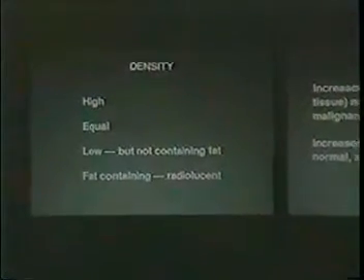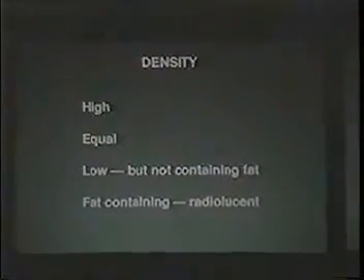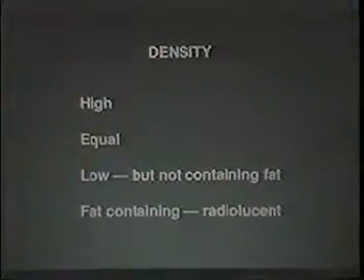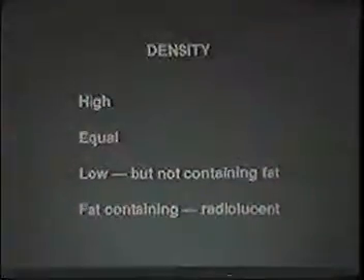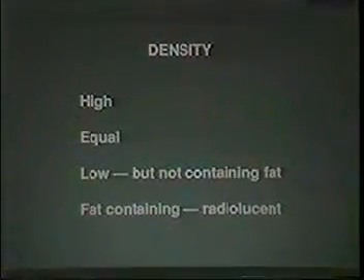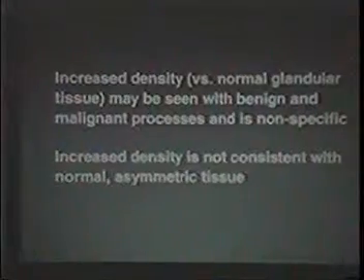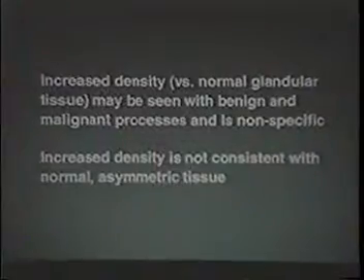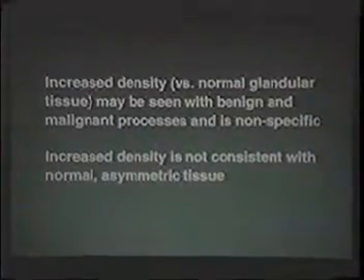Now, we also describe density. And density is described in terms of how dense the lesion is as compared to the normal glandular tissue in the breast. So there's high density, there's isodense or equal dense, there's low density but not containing fat, and then there are fat-containing lesions. Increased density versus the normal glandular tissue may be seen with both benign and malignant processes and is nonspecific.